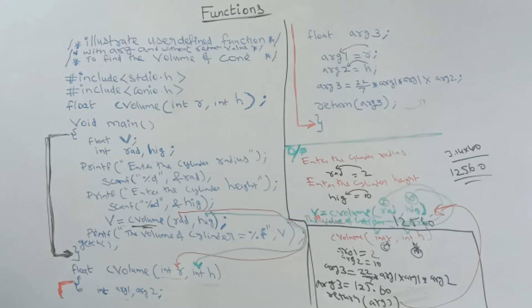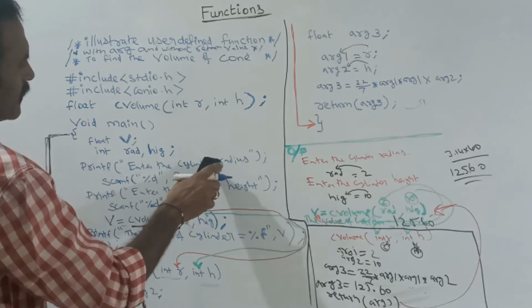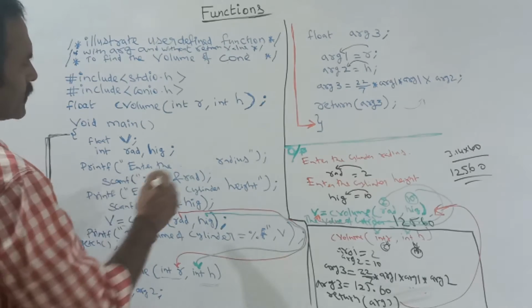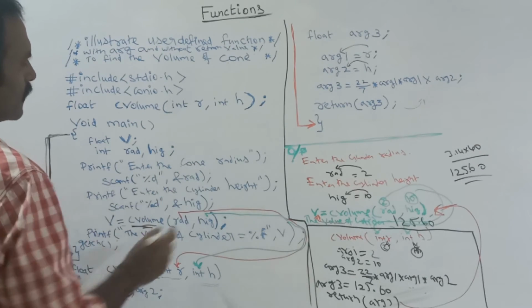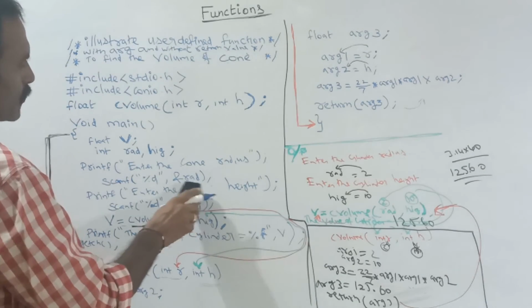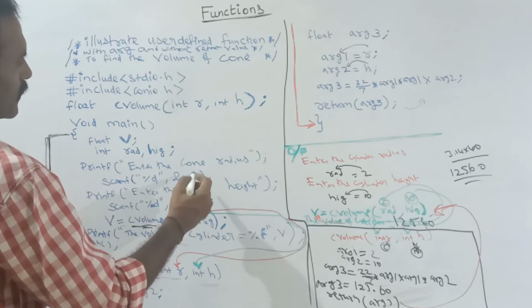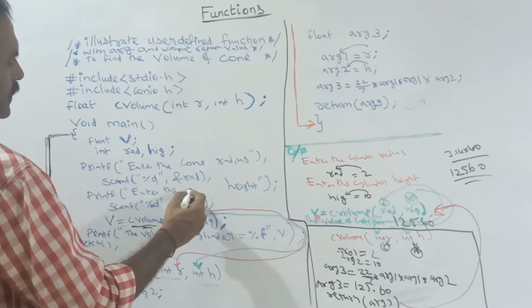Here, in the same way, it has radius and height. Here enter the radius, that is the cone radius. Here the cone height. Radius in cone, height in cone.